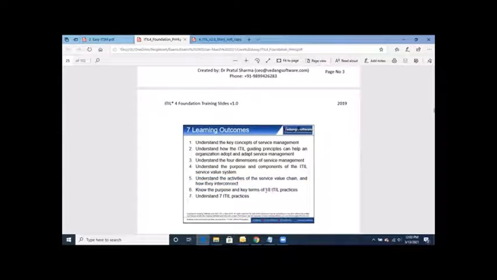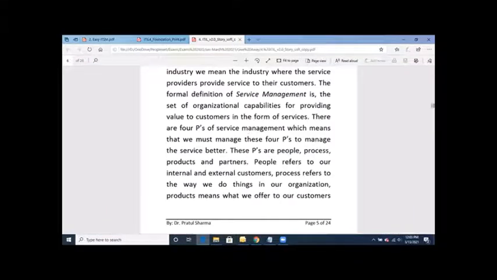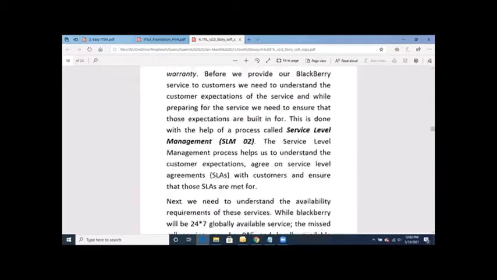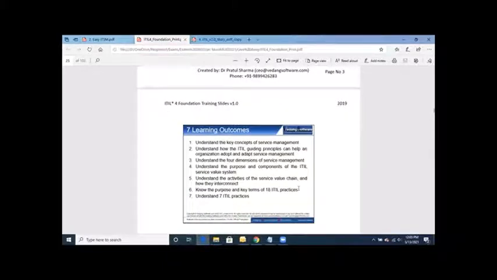Then there are 18 ITIL practices, जिनका नाम we need to know and we also need to know the purpose. So out of those 18, most of them are covered here in this. So once we understand this diagram and once we understand these practices which are defined in this particular small book, then this one will be done.